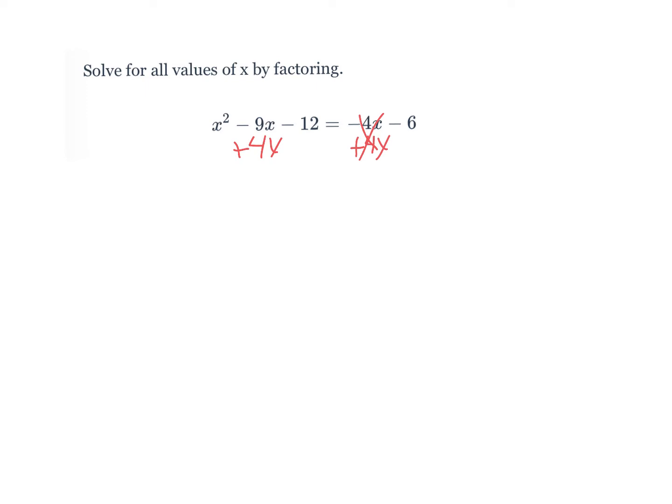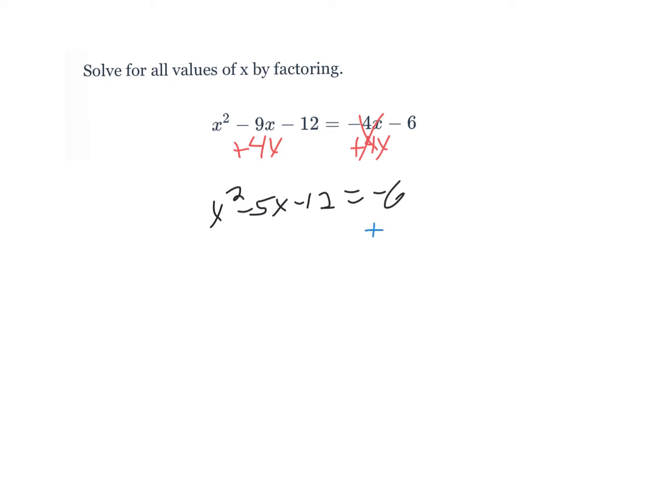Well, now our equation says x squared minus 5x minus 12 equals negative 6. Now we simply need to move the minus 6 over here with the negative 12, but to move a minus 6, we need to add 6.